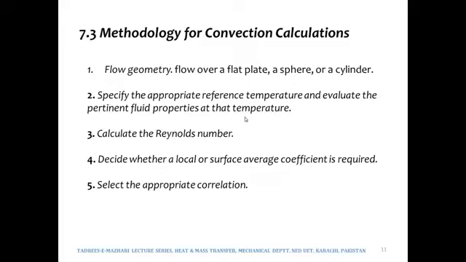In some cases it is taken as the average temperature of the surface and the T infinity, and if the flow is taking place through a pipe, for example, with a constant heat flux condition, then of course the temperatures would be different at inlet and outlet. So in that case we usually take the average of the bulk temperature of the fluid at inlet and outlet. So we will see when we reach that point.